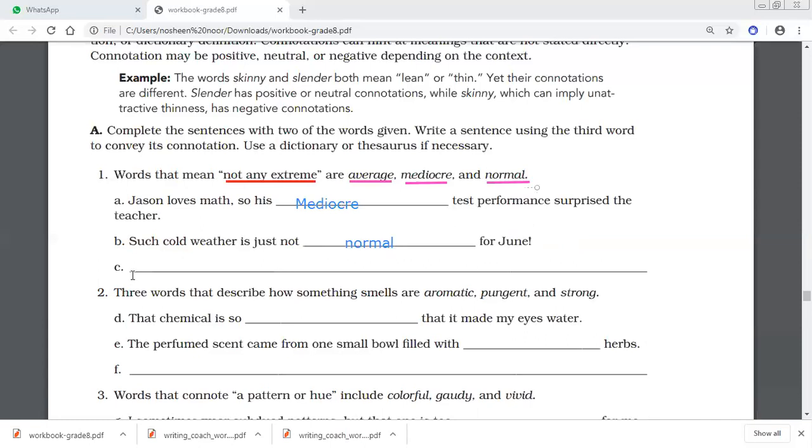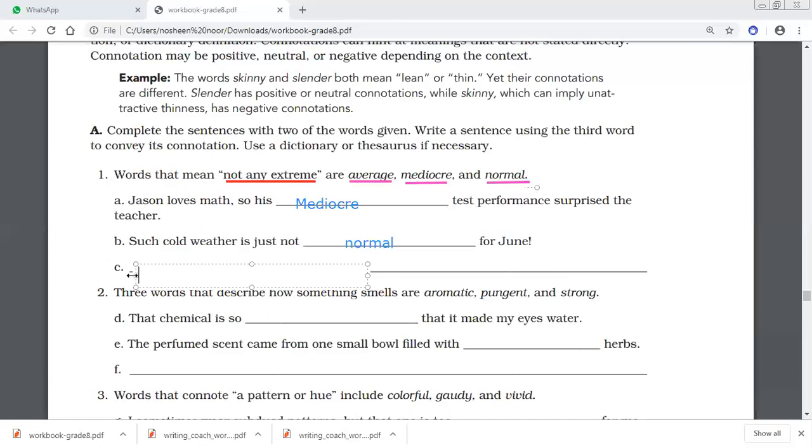Now, I want you to write a sentence using the word average. I'll give you an example. I wrote a sentence. You can write something similar, but just to give you an example of how to use the word average in a sentence.